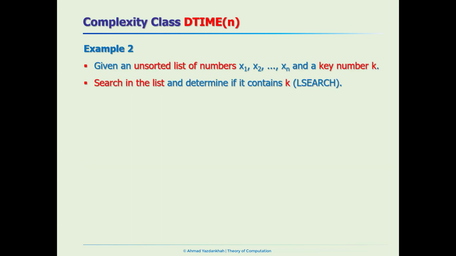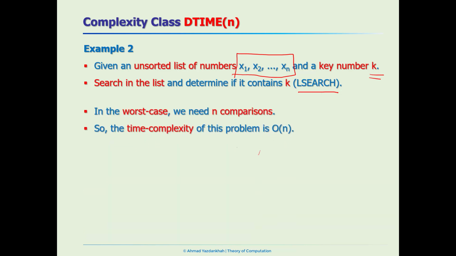The first example is a very familiar linear search. So let's say we have an unsorted list and we are looking for a key, right? Let's call it L search or linear search. Okay, so what is the worst case for this problem?